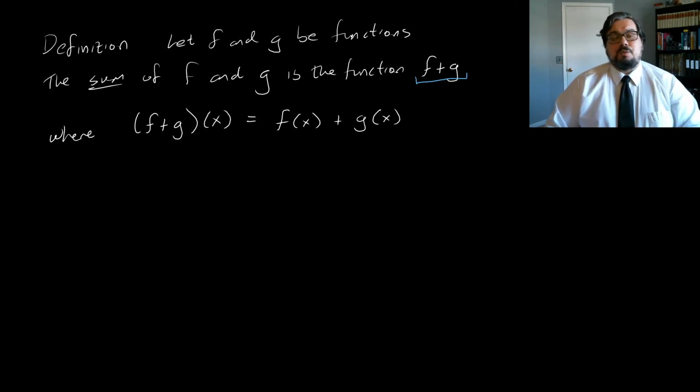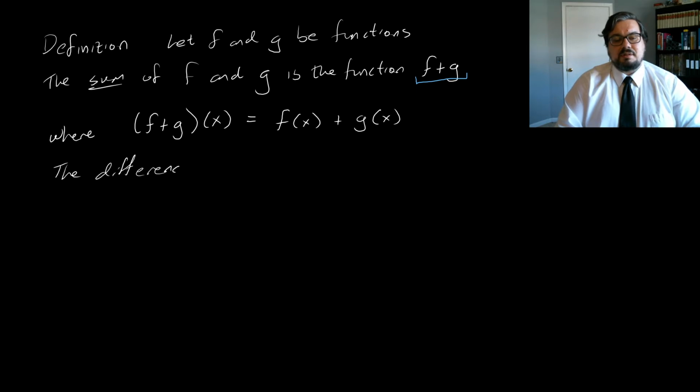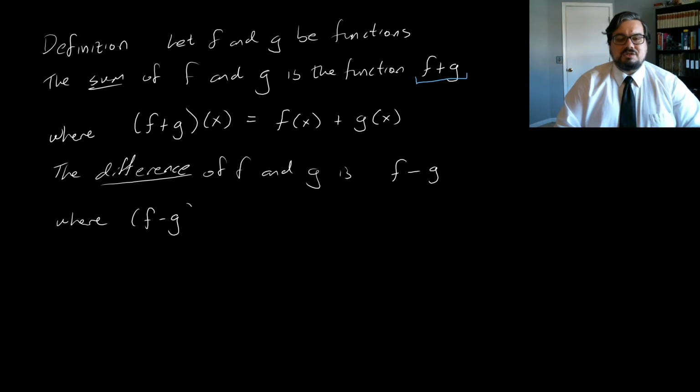And once we see this pattern, the exact same pattern is going to apply for the other three basic arithmetic operations. The difference of f and g is the function f minus g, where f minus g, evaluated at x, is defined to be f of x minus g of x.